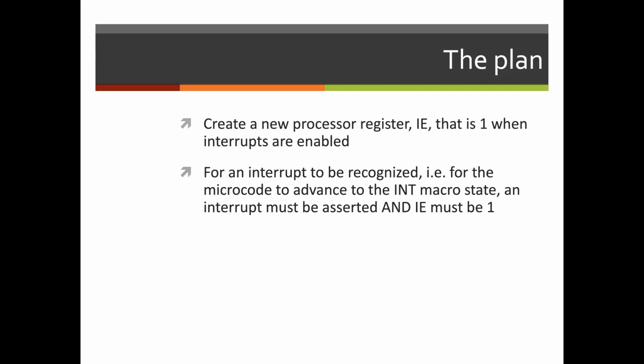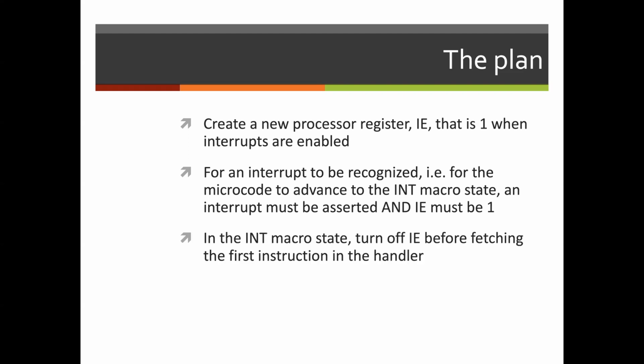We want to use this in order to recognize if an interrupt is currently in process. So in order for us to advance to the interrupt macro state, we want to set IE to 1. If it's not set to 1, then we do not need to worry about going to the interrupt macro state.